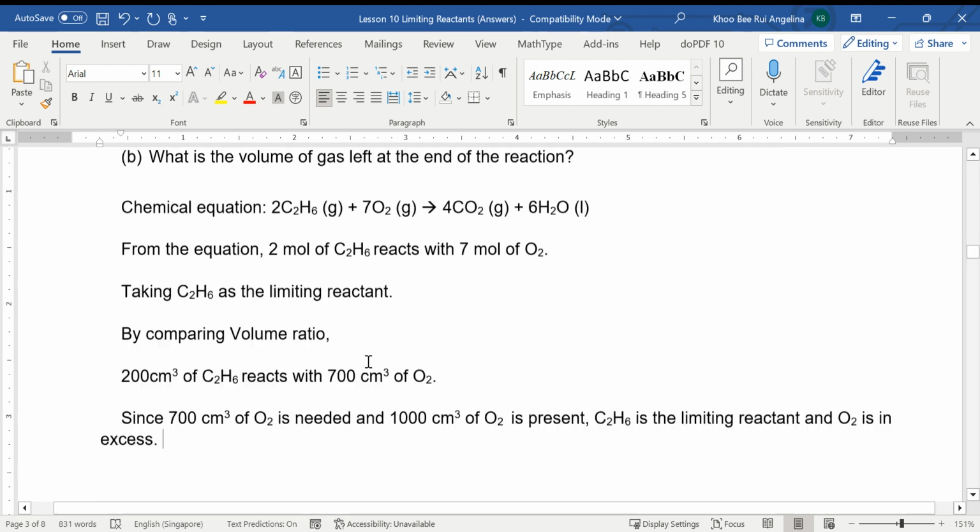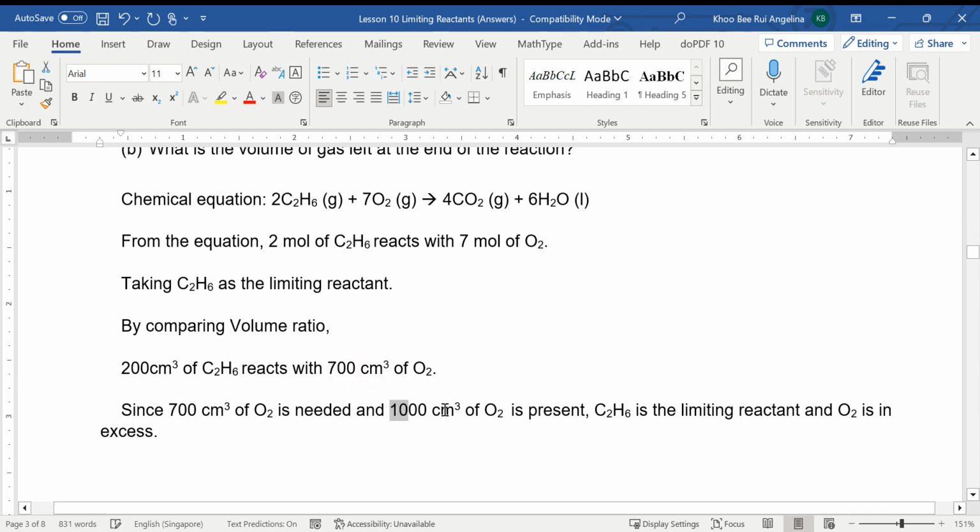Do you get it? I need 700, but I have 1000. So this shows that oxygen is in excess and C2H6 is limiting.